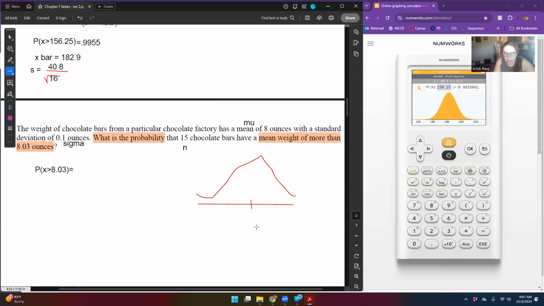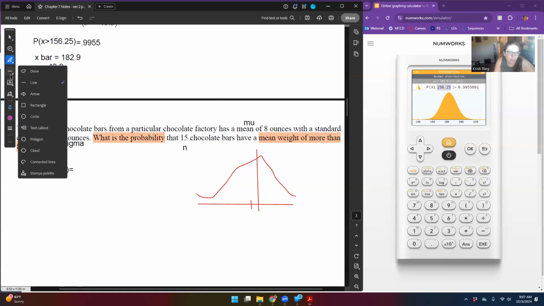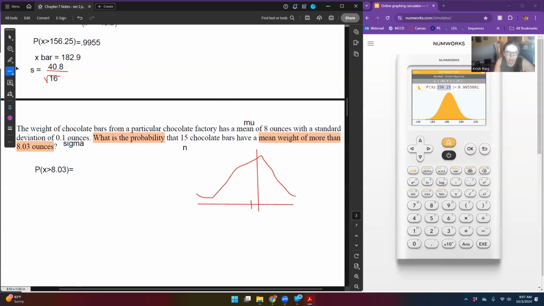Let me get my line back. And we're talking about more than, so we are going to color in the more than direction. Just trying to find my colors here. Okay, this is me shading. Oh, it actually looks like a mountain and someone's skiing down the mountain.